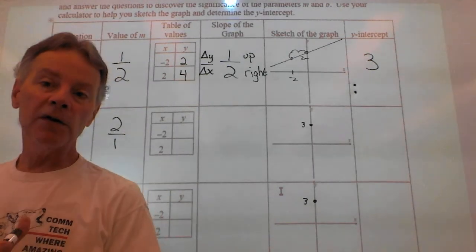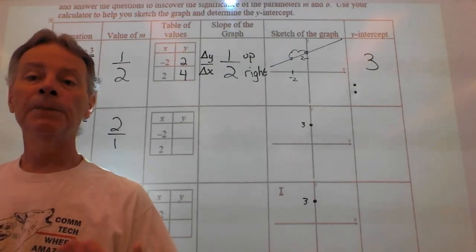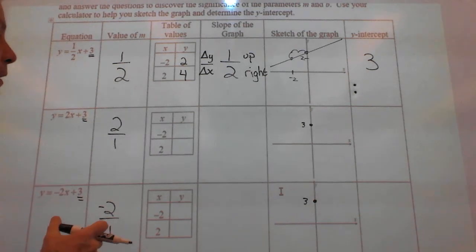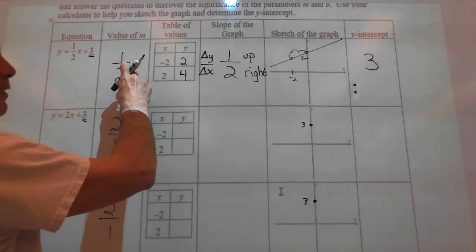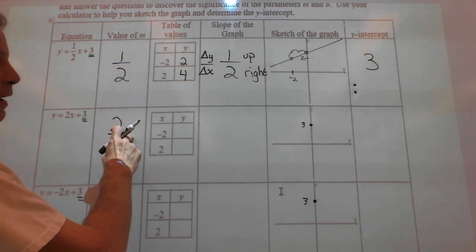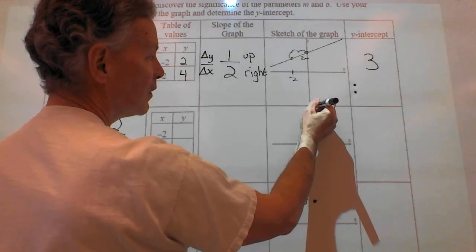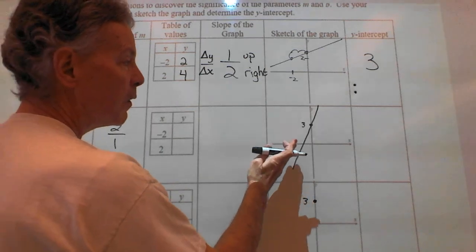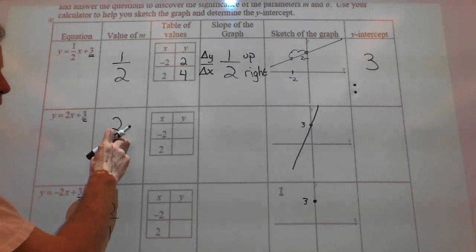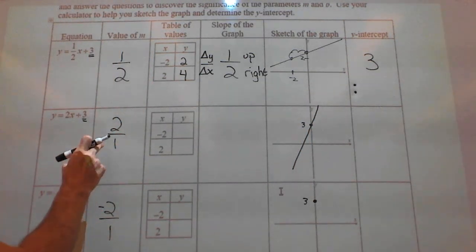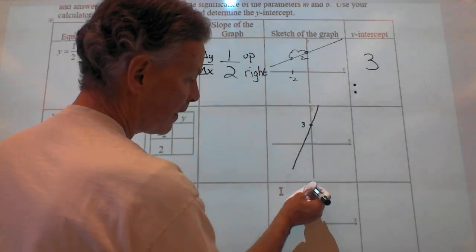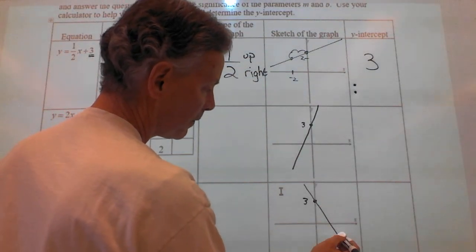And remember, what does the slope tell us? It tells us how steep the line is and what direction the line is going. So, this one had a slope of 1/2. This one has a slope of 2. So this is going to be a much steeper line, still going up to the right because it's positive. This one also has a slope of 2, but it's -2. So how is that going to be different? That's going to look like this.